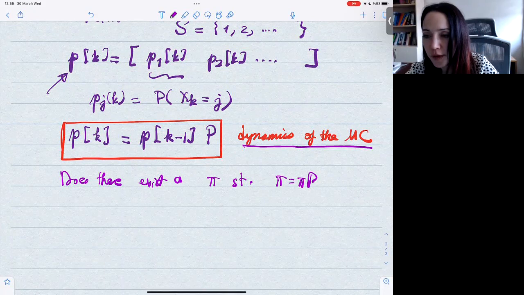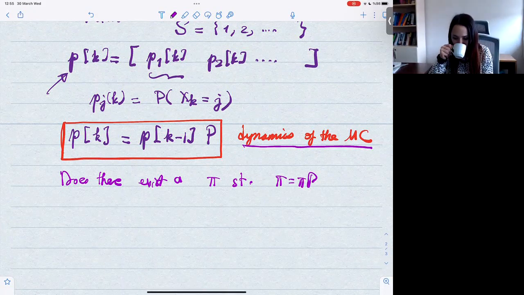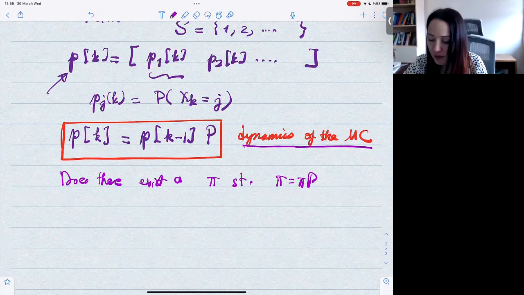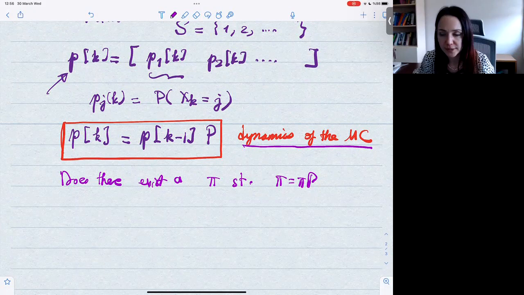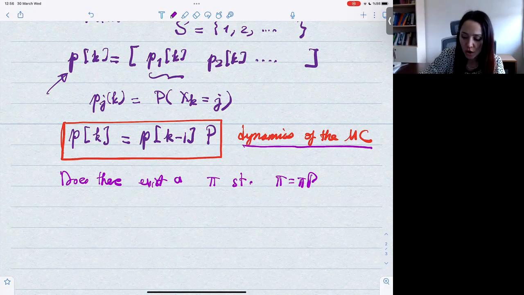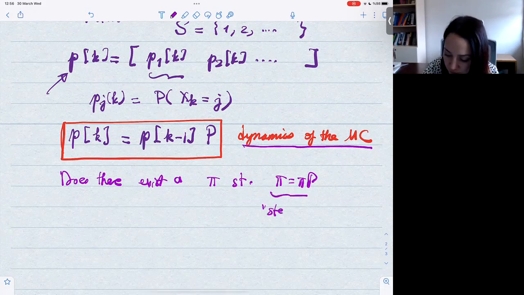Meaning, if there's such a vector pi, it would correspond to the probability of being in each state, and the probability does not change once we're in pi. It does not change in the next time step. So basically, what does that mean to you? It's like a steady state, right? This would mean a steady state.